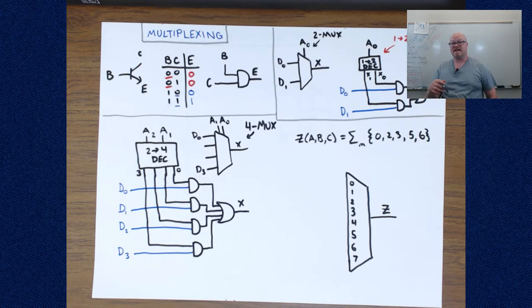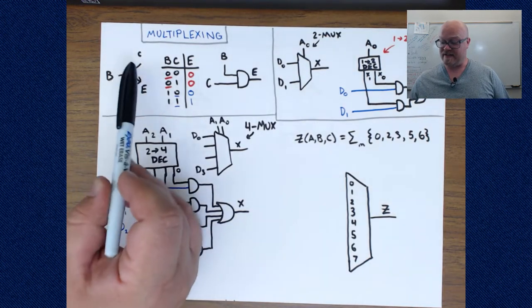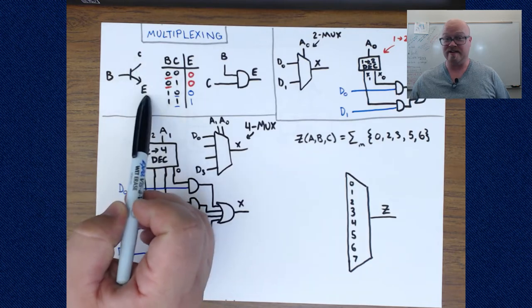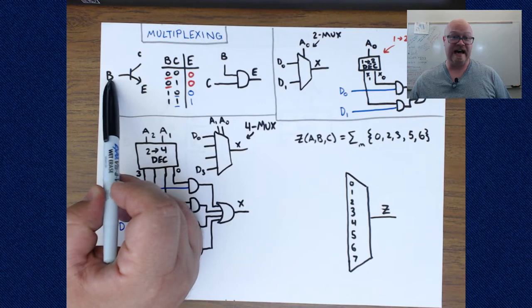The same thing is true, though, for the AND gate. If we take a second and produce the truth table for what our binary transistor is going to do, you'll notice that we have the collector pin, which can get routed to the emitter pin only if the base pin is high.